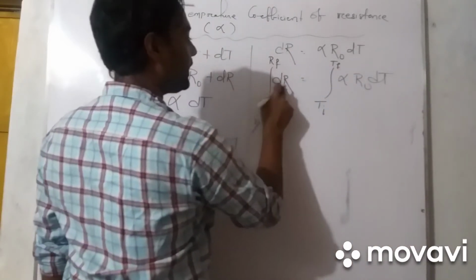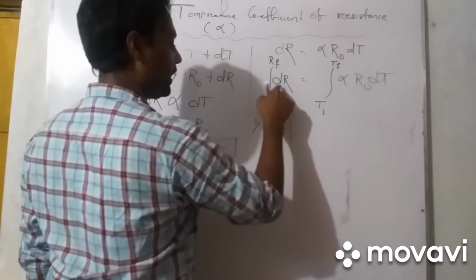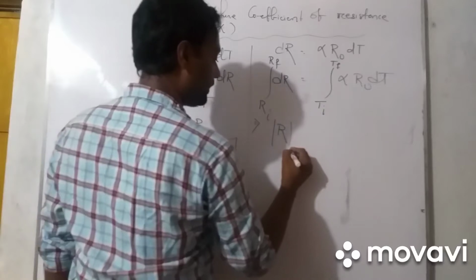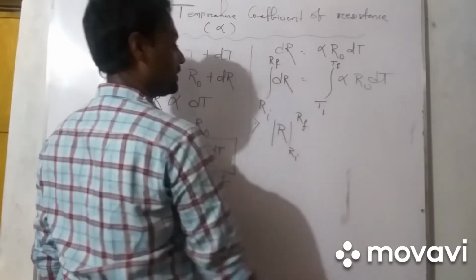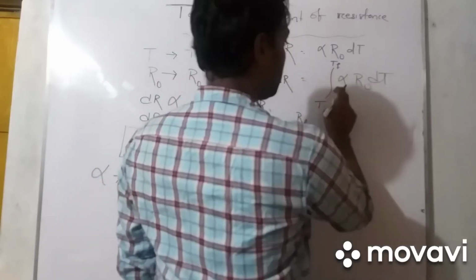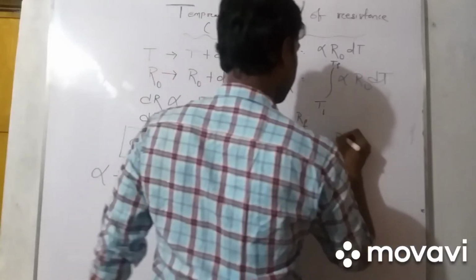The integration of dR is R, with the initial resistance Ri as the lower limit and R as the upper limit. On the other side, the initial resistance remains constant, so it is taken outside.